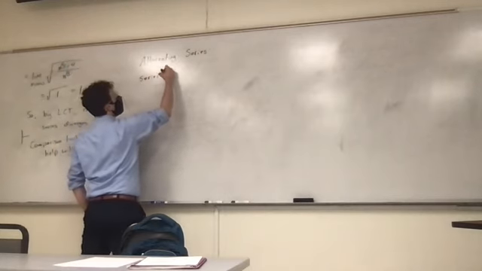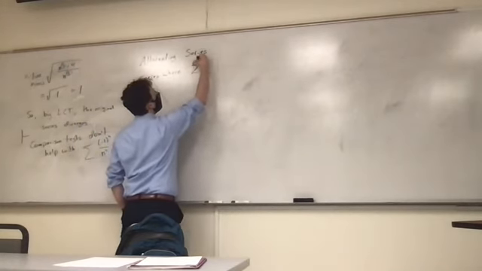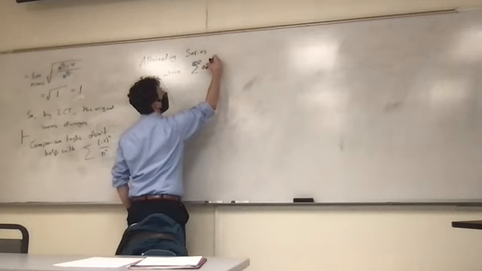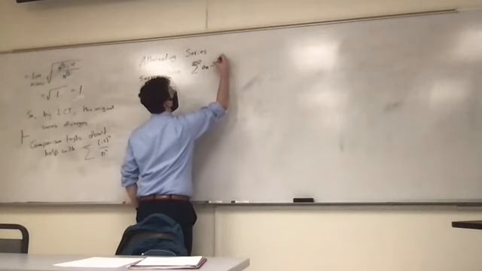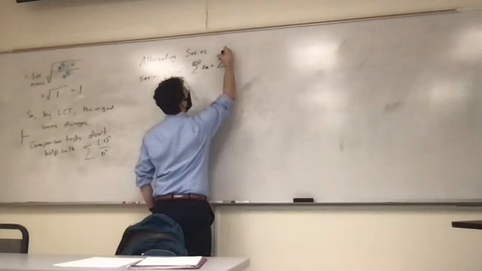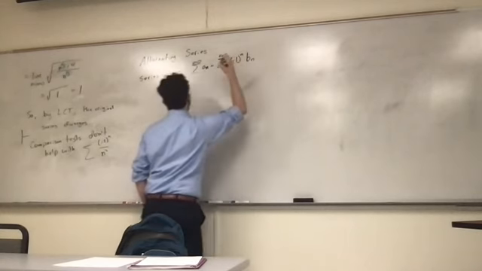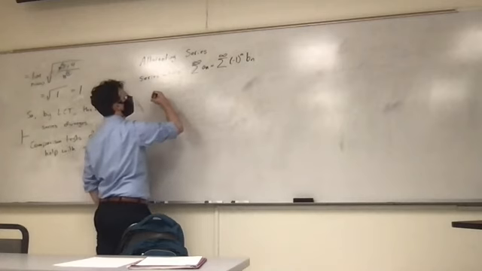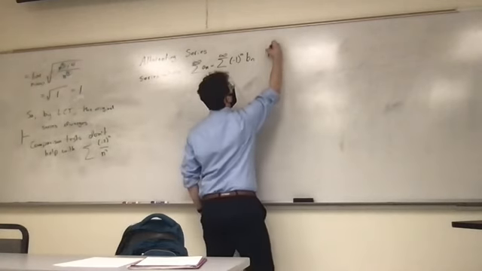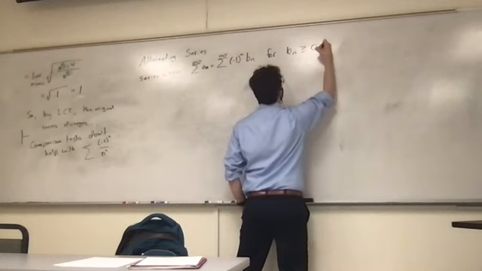These are series where your series has an alternating part and b_n, where the b_n's are greater than or equal to 0.